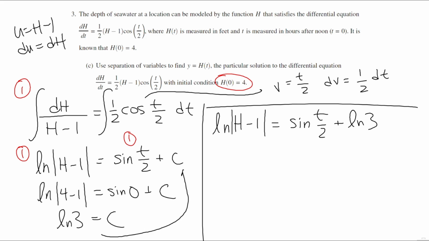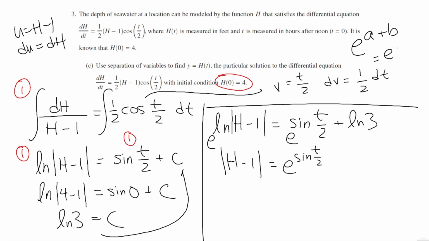And in order to solve this for h, which is what we're asked to do, we're going to have to exponentiate it, which means we raise this so that each side is a power of e, giving us the absolute value of h minus 1 equal to e to the sine of t over 2 plus ln 3. Well, we know that e to the a plus b is equal to e to the a times e to the b.